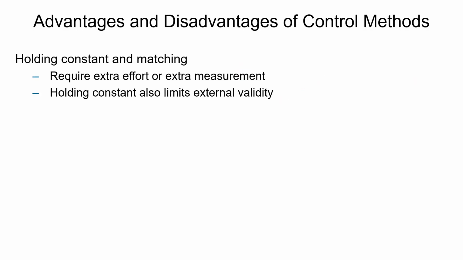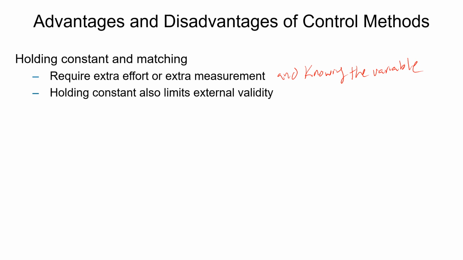So what are the advantages and disadvantages of these? Holding constant and matching requires extra effort or extra measurement and knowing the variable that's going to be held constant or matched on.